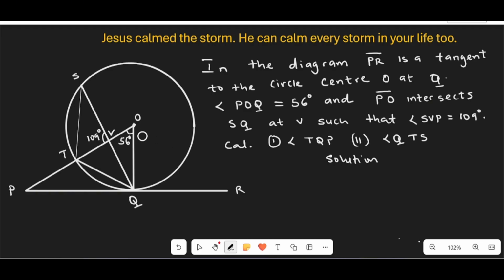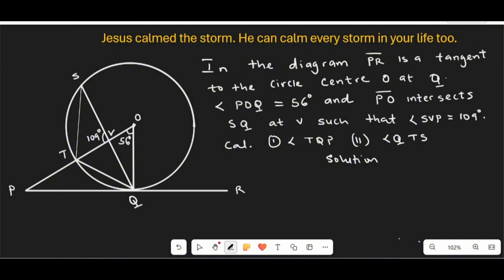First, let us consider triangle OTQ. In triangle OTQ, the sum of interior angles is equal to 180 degrees.